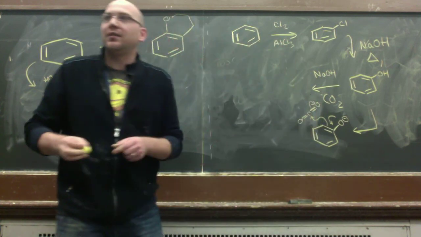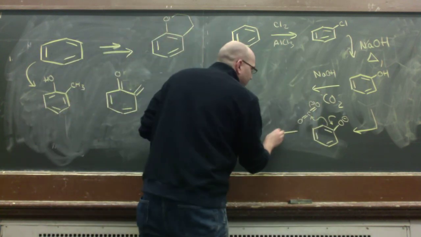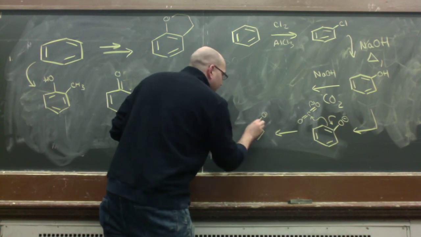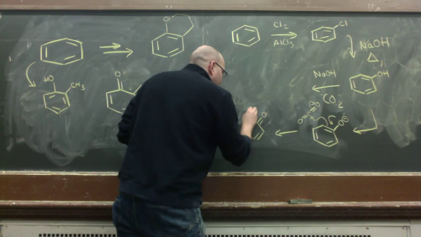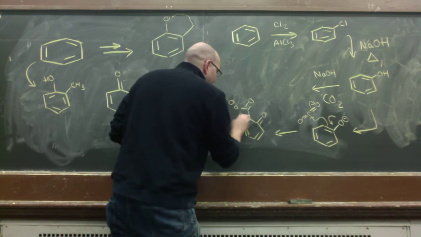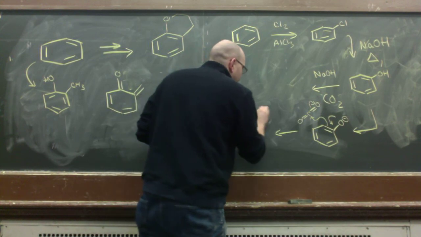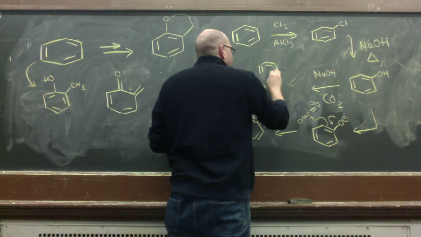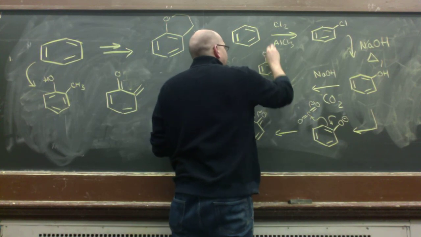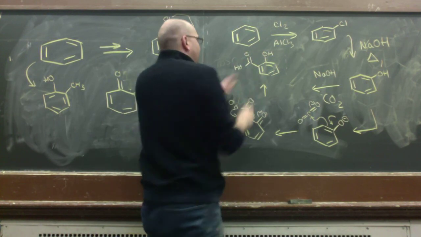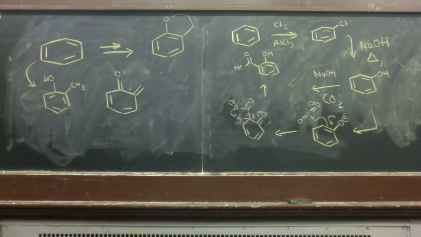And then, again, this could be another way that we could imagine. Because again, we just want that carbon there. We said that we could put a methyl group there, but really we just want the carbon source there. Okay?